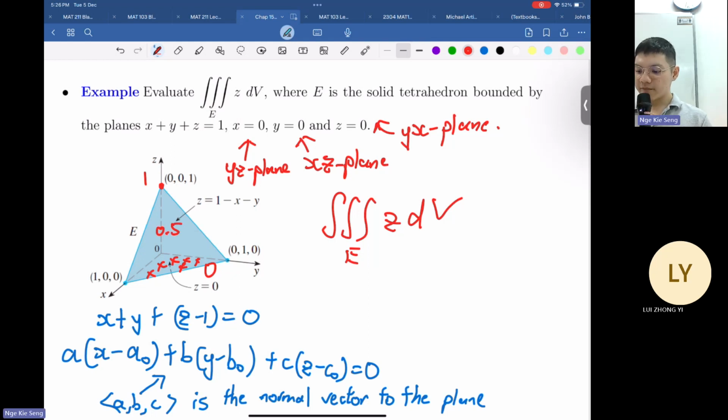And then you can see this tetrahedron, try and slice it. Let's slice it horizontally. What do you get? You get the triangle getting smaller and smaller until you get one dot. And each triangle here carries a number.